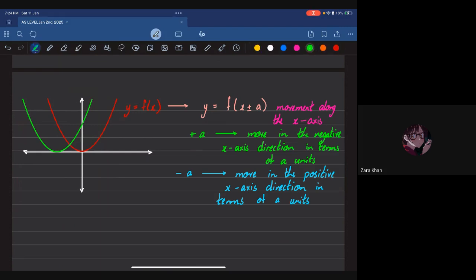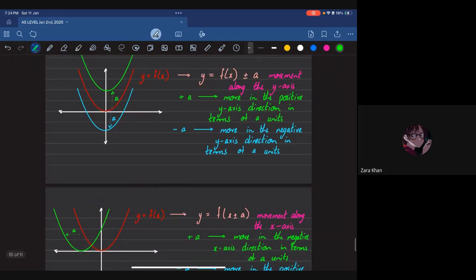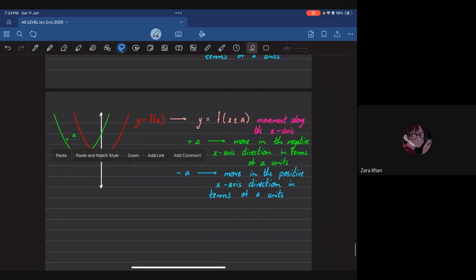How do we know how much movement it needs? That will be the magnitude of the addition in the equation. So you're going to move like this. And whenever something subtracts inside the bracket, you're going to move to the right, like this. Let me remove my equation from up here.